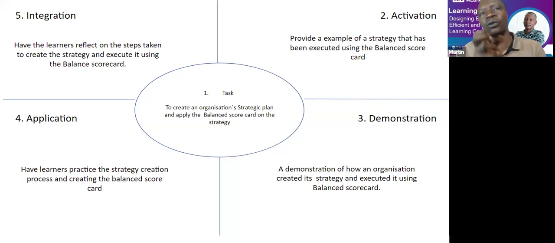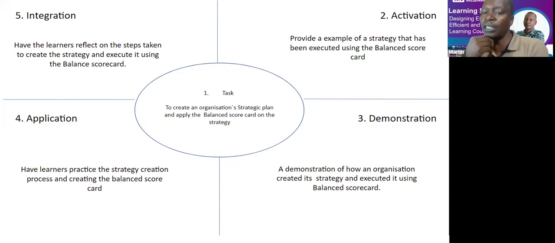The task or the problem we wanted to solve with this course was to enable the participants, or the learners, to create the organization's strategic plan and apply the balanced scorecard to the strategy. So there are two things here. Then for the activation, we would provide an example of a strategy that has been developed and executed using the balanced scorecard.